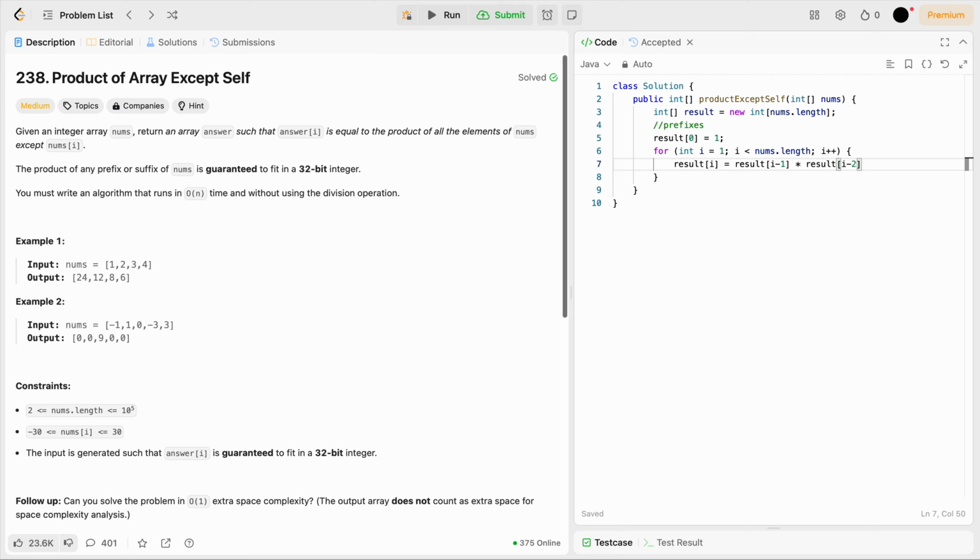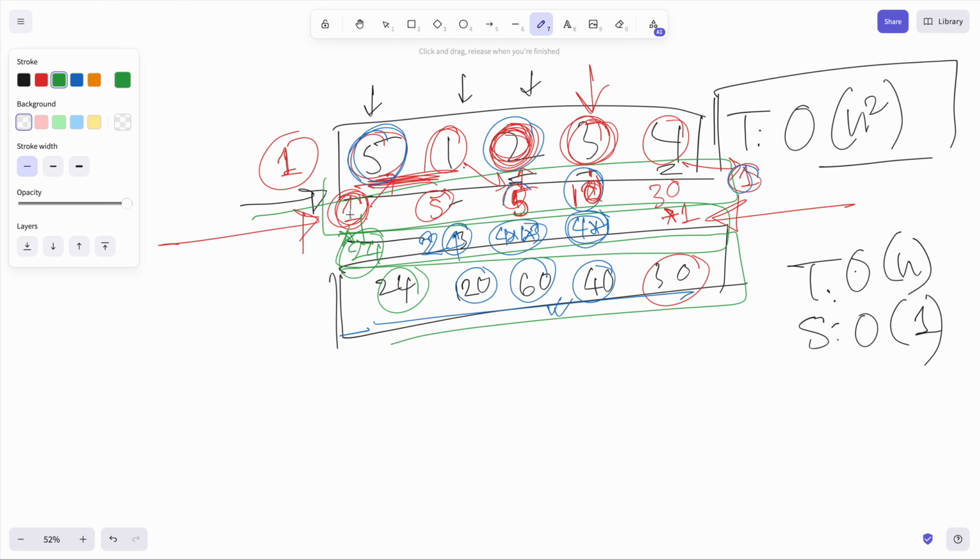So just as you have seen in the example, so for this one, this is 1, and for 5, when it's 1, so after we reach the first value, this is going to be the previous one, along with this value is currently with the previous value, and the result.